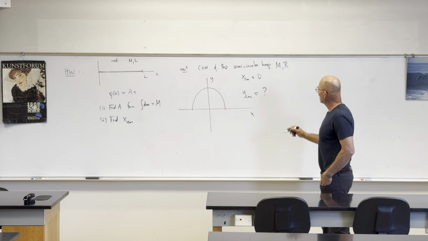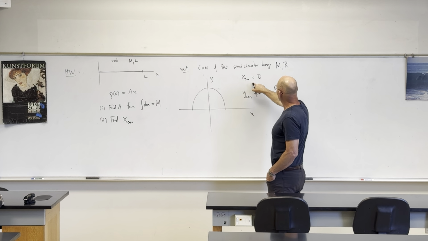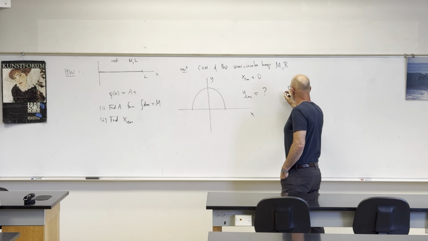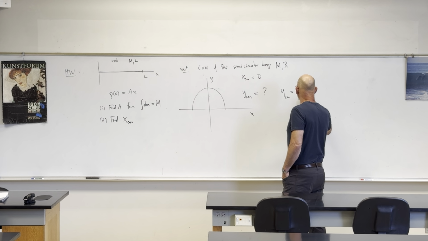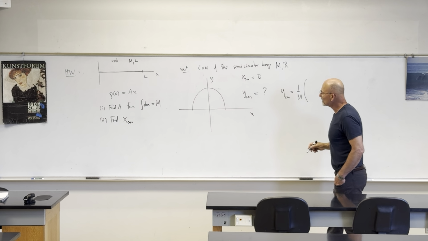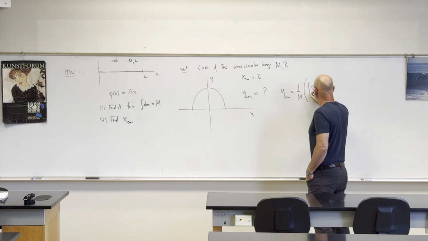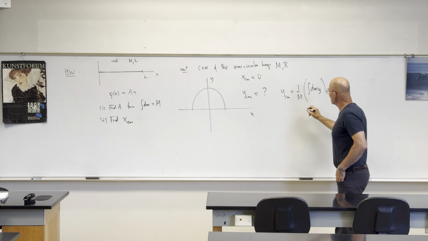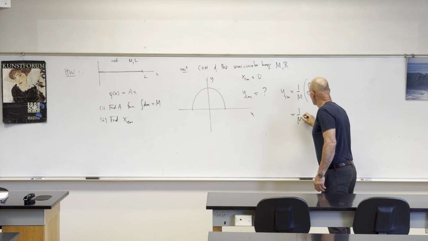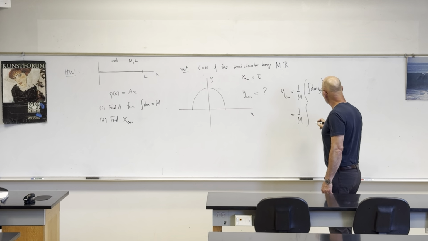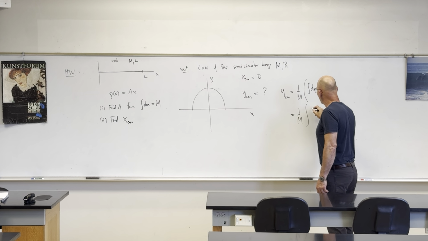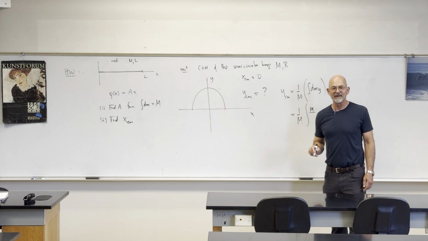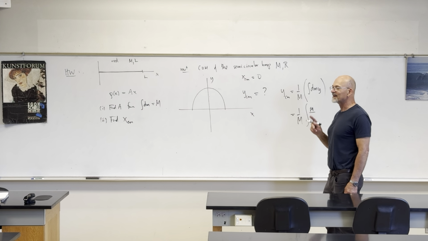So how would we calculate the center of mass? We already know the total mass is M. So y center of mass is 1 over M times the integral of dm times y, always good to get the symbolic form up there so you know what you're doing. The dm is the mass divided by the length, but what is the length of the hoop? Pi times r.